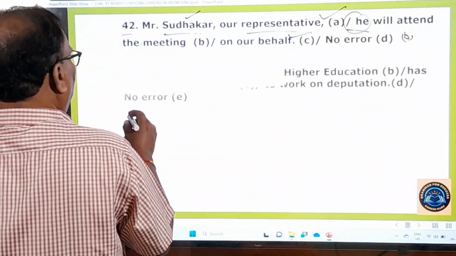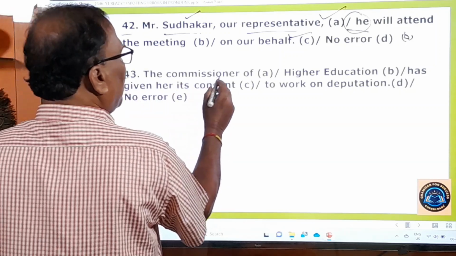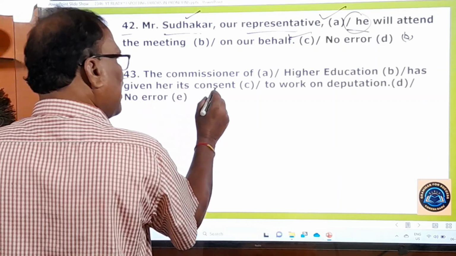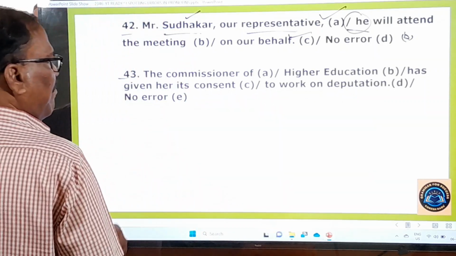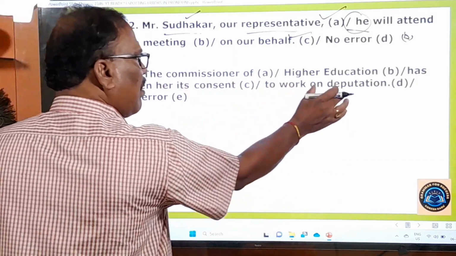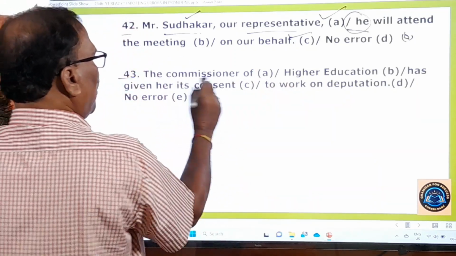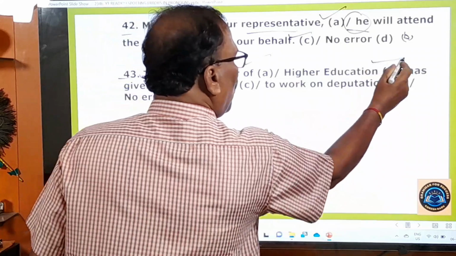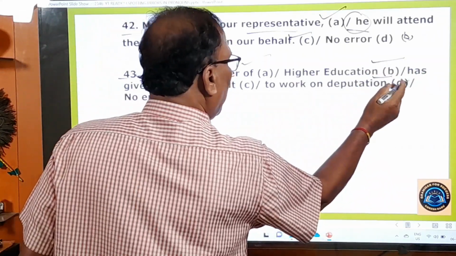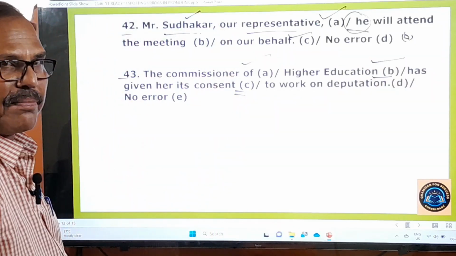And you go to the next one, 43rd. "The Commissioner of Higher Education has given her its consent to work on deputation." This is the sentence. "The Commissioner of Higher Education" okay, "has given her its consent" okay, "to work on deputation" okay. But in the C part, there is a mistake.